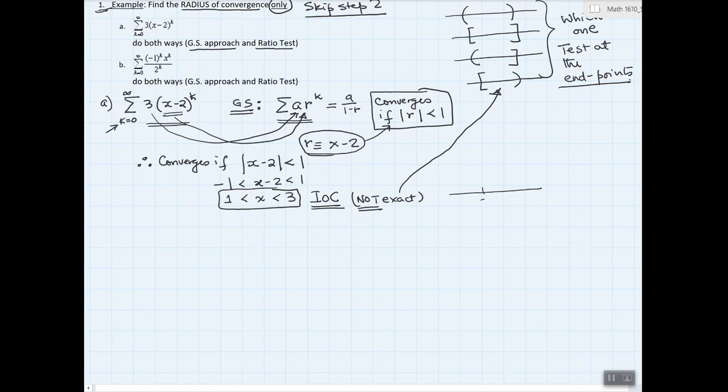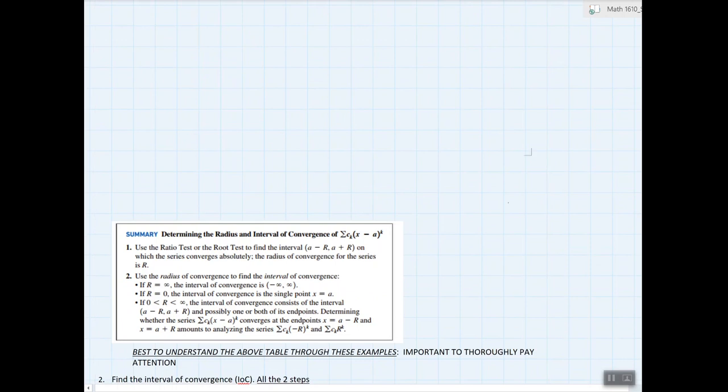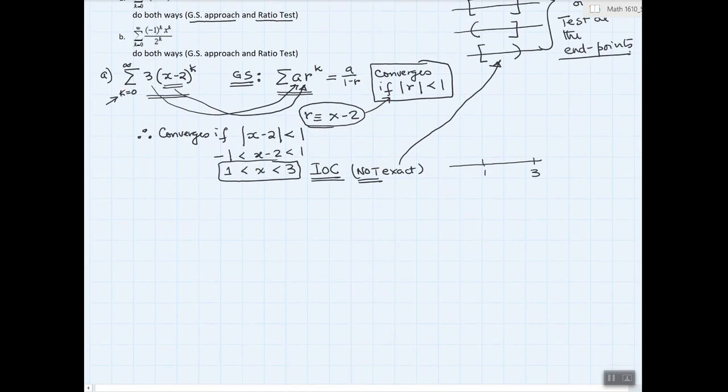So this is 1, and this is 3. The center is obviously 2, and so the radius is 1.